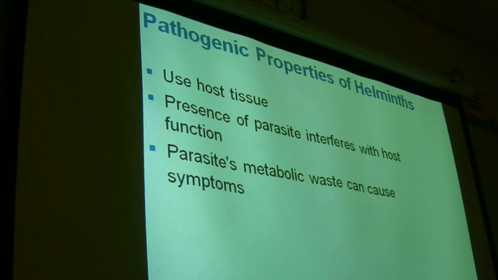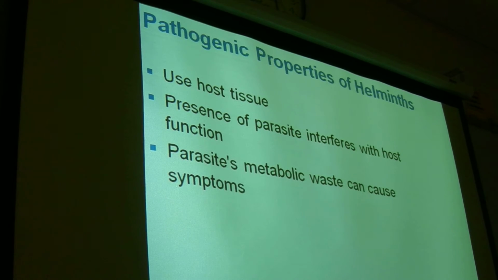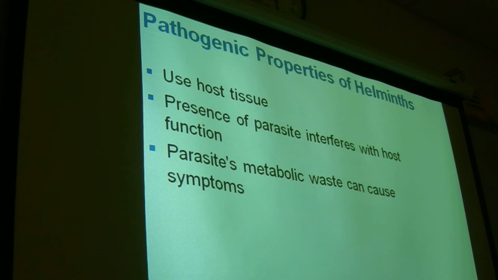Protozoas, we'll skip over. Helminths, so again, tapeworms, roundworms, those types of things. The presence of the parasite itself can interfere with host function because they usually use the host tissue and absorb nutrients from it. And the metabolic waste of the helminth can also be detrimental to the host.